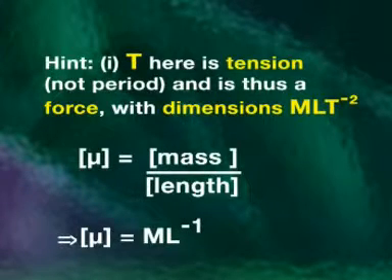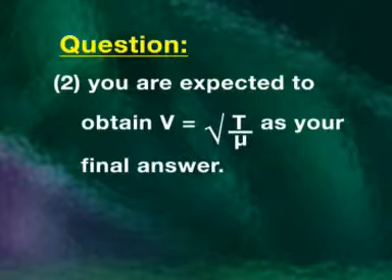This implies mu equals M L to the power minus 1. 2. You are expected to obtain v equals square root of T divided by mu as your final answer.